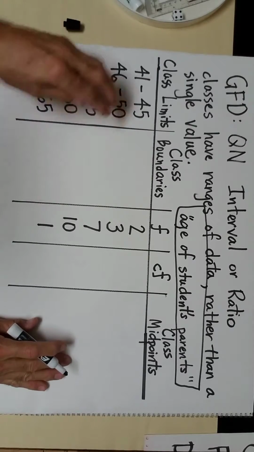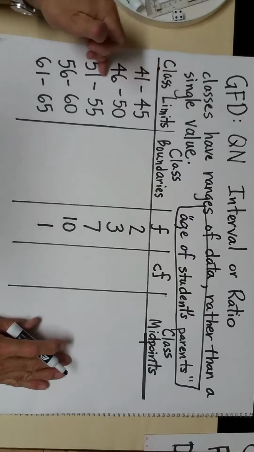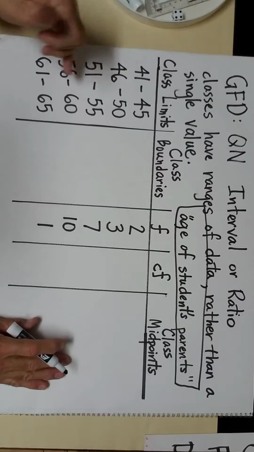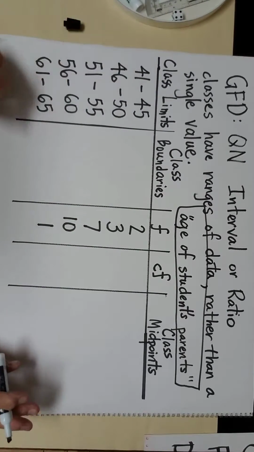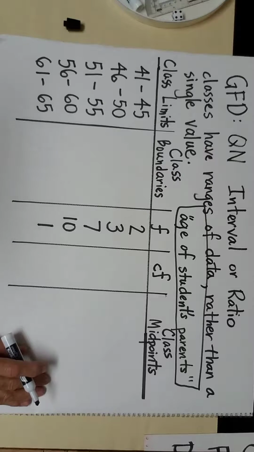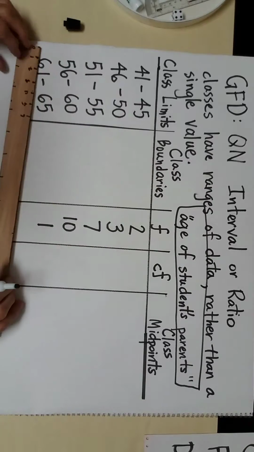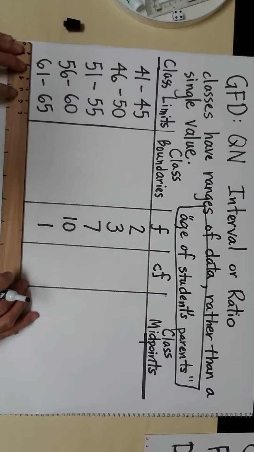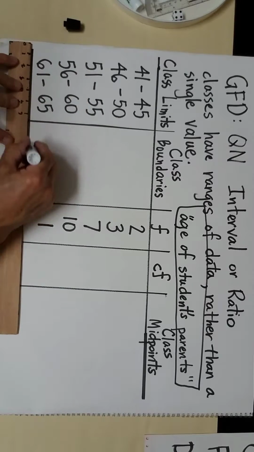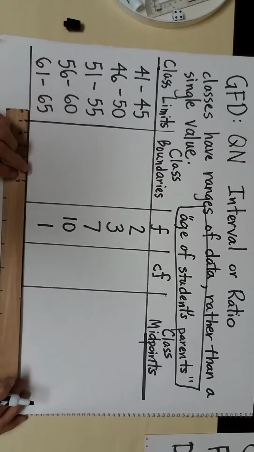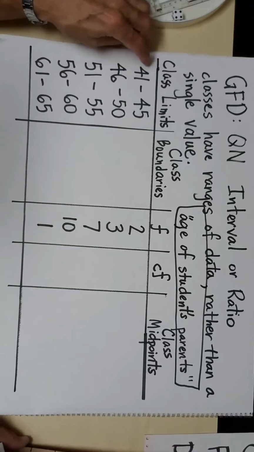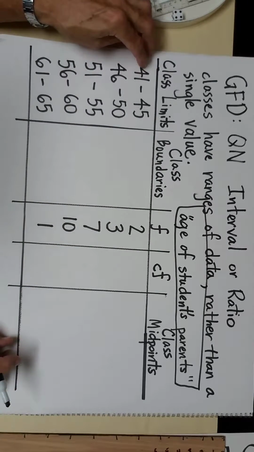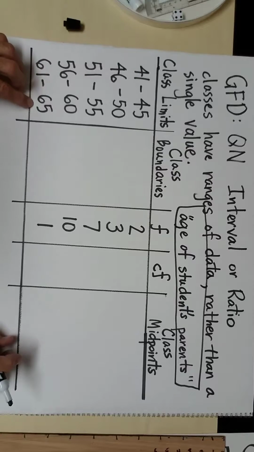In the second example, I'm going to describe where these numbers came from. We find these numbers by looking at the actual data values, which I don't want to bother with now. So this will be the bottom of my table. In this problem, I have 5 separate classes, including parents from a low age of 41 to a high age of 65.